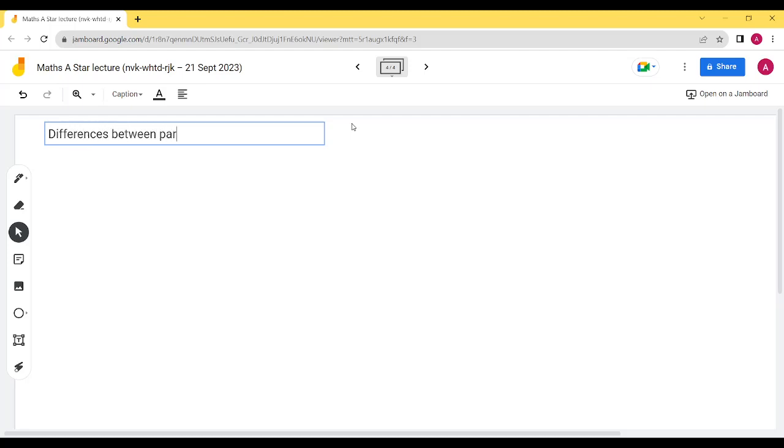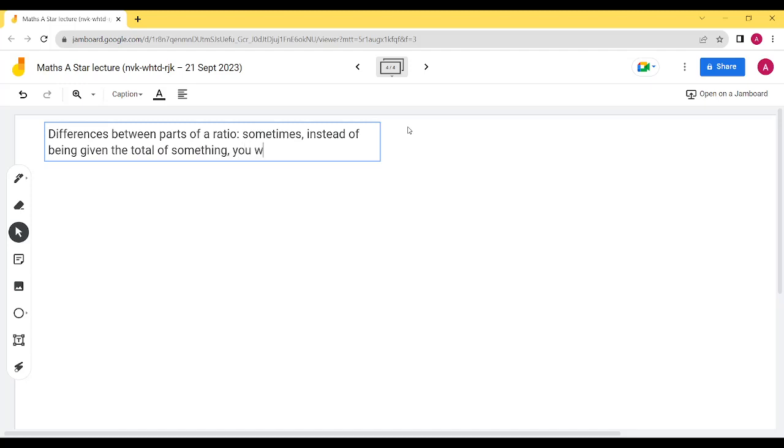So sometimes instead of being given the total of something, you'll be given the difference between the total of 2 people in a ratio.